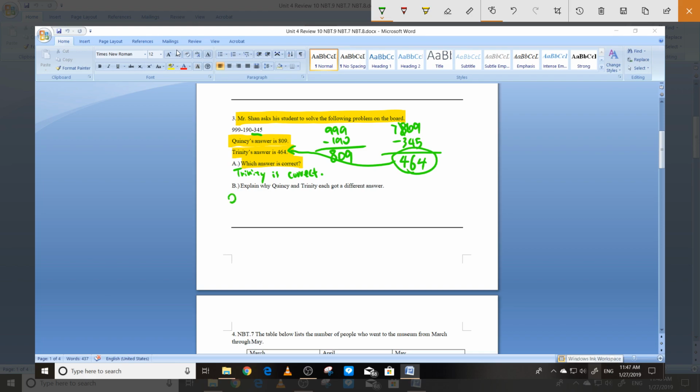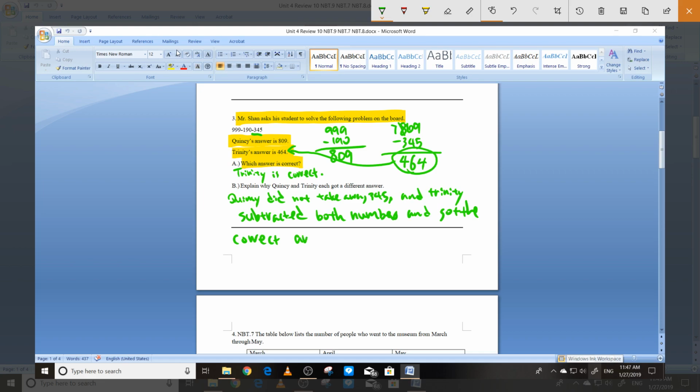You can write Quincy did not take away 345, and Trinity subtracted both numbers and got the correct answer. Okay, and that's what you should write for number 3.